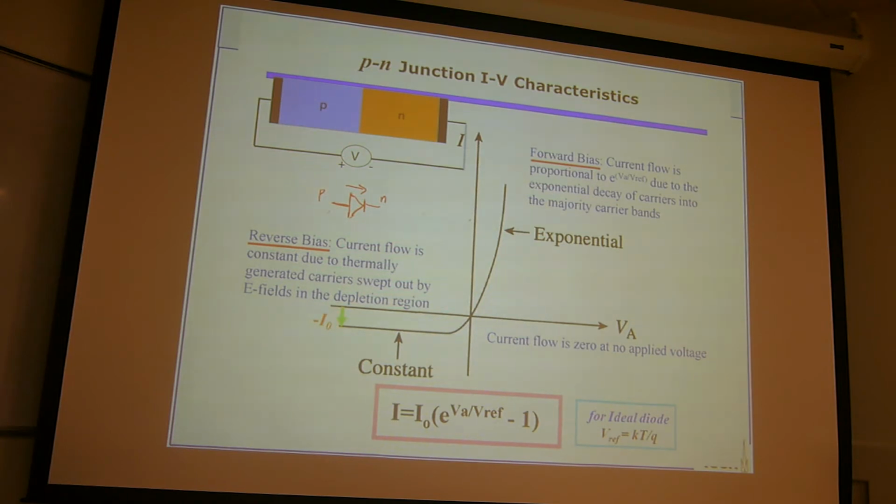And then you can have the positive voltage and negative voltage this way. For example, you have the applied voltage VA, and then the current across the p-n junction I. So in this slide, we show this current versus voltage relationship, or this IV characteristic, as shown in this figure: current versus applied voltage.